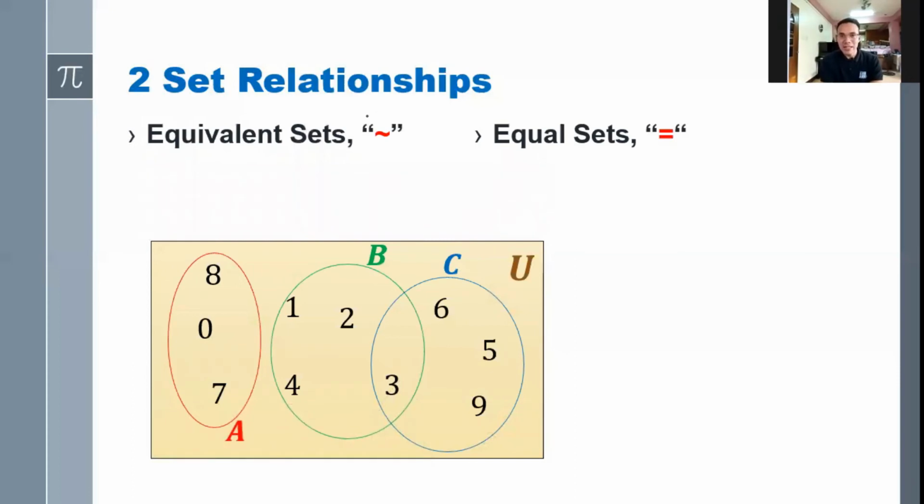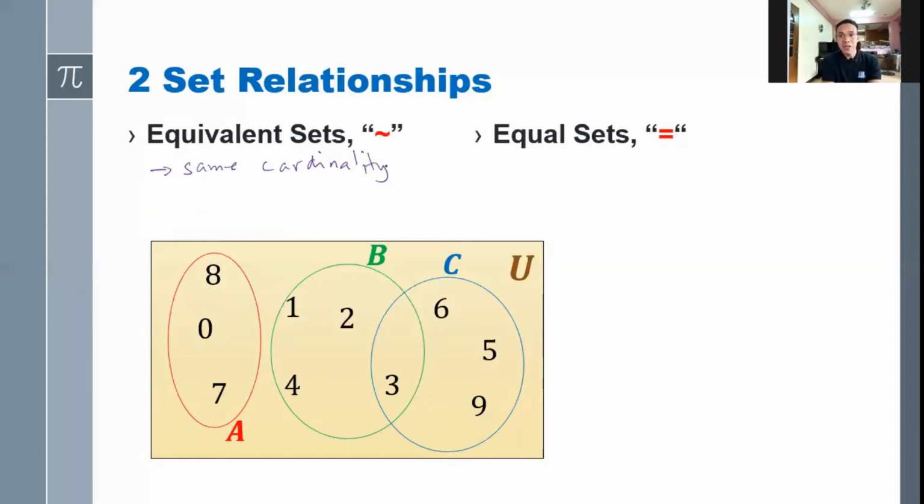Next, let's see the difference between equivalent sets and equal sets. Take note of the notation we use to denote equivalent set. It's like this, and the notation we used to denote equal set. Equivalent sets are sets with the same cardinality.